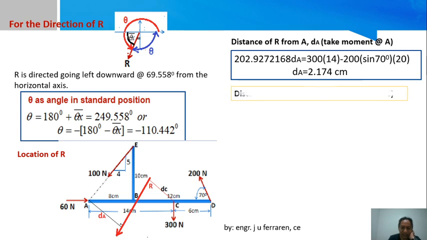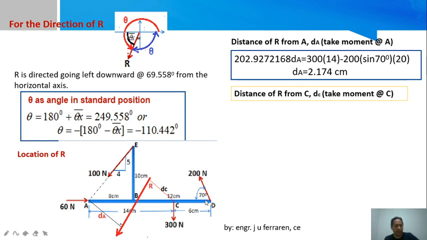Okay? So, what if I'm going to transfer to another point as my point of reference? So I'm using C, and I have to solve for dC. Take moment at C, so C will be used as the moment center.